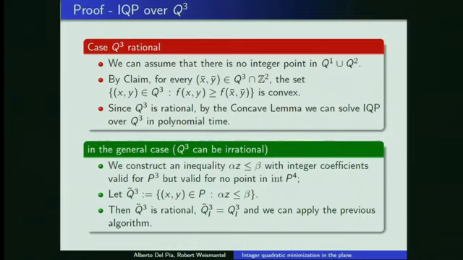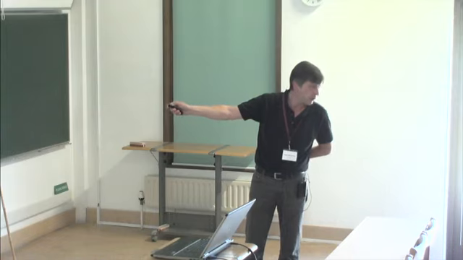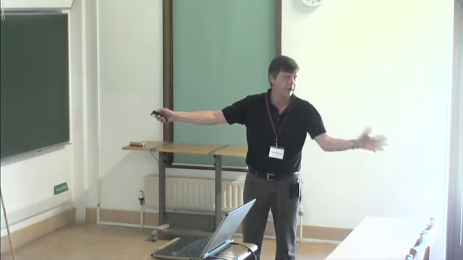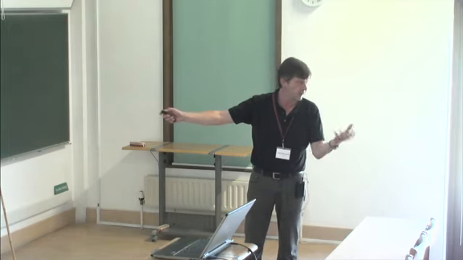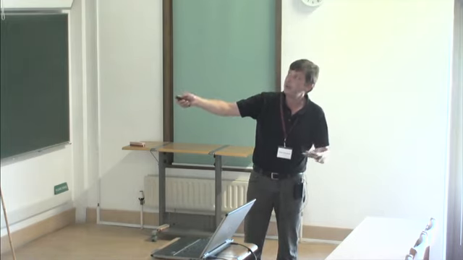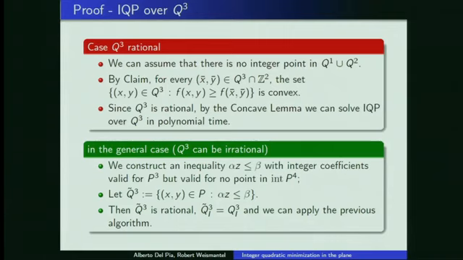So in fact, the easy thing is, again, if Q3 happens to be rational, then what you can directly do is, since there's no point in Q1 union Q2, and you have the property that these sets here are convex, this is what we have shown in these regions, P3 and P4, or Q3 and Q4, we have this convexity property. So now we are directly prepared to apply this concave lemma.